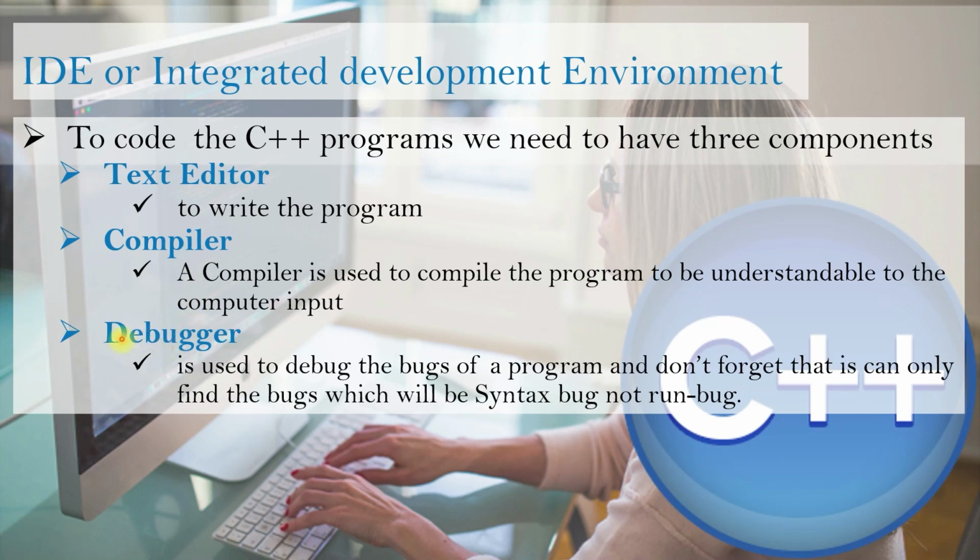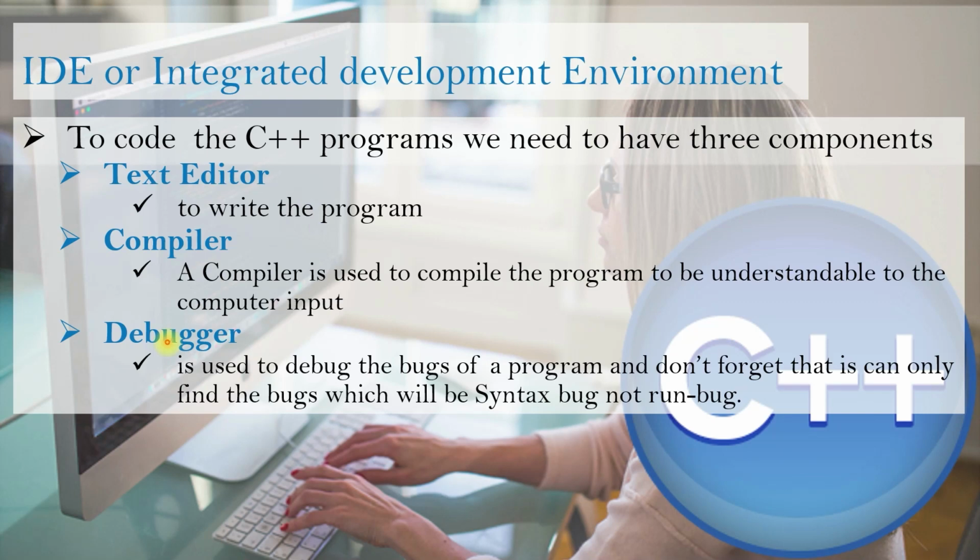The next software is the debugger. The debugger is used to debug the bugs of a program, and these bugs are syntax bugs, not runtime bugs. Syntax bug means that from the viewpoint of the grammar of coding, if you make any mistake, the debugger finds it and shows it to you.